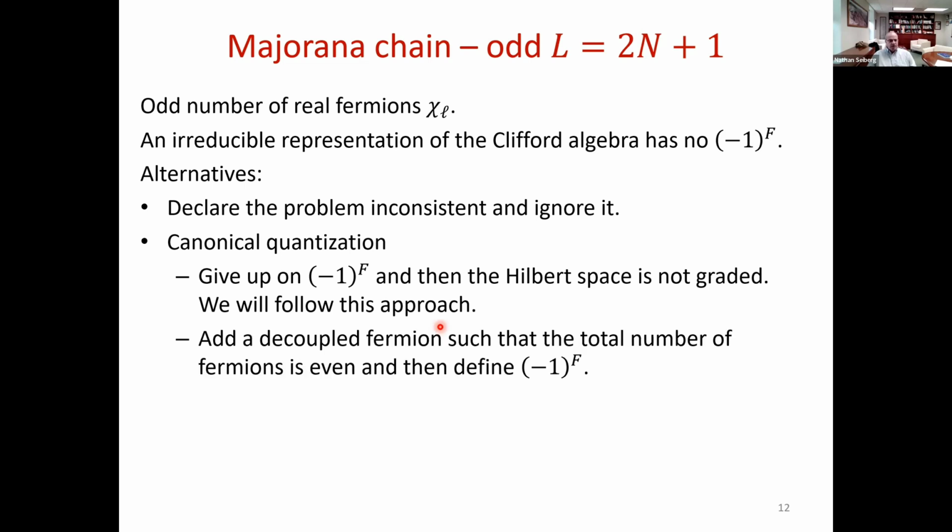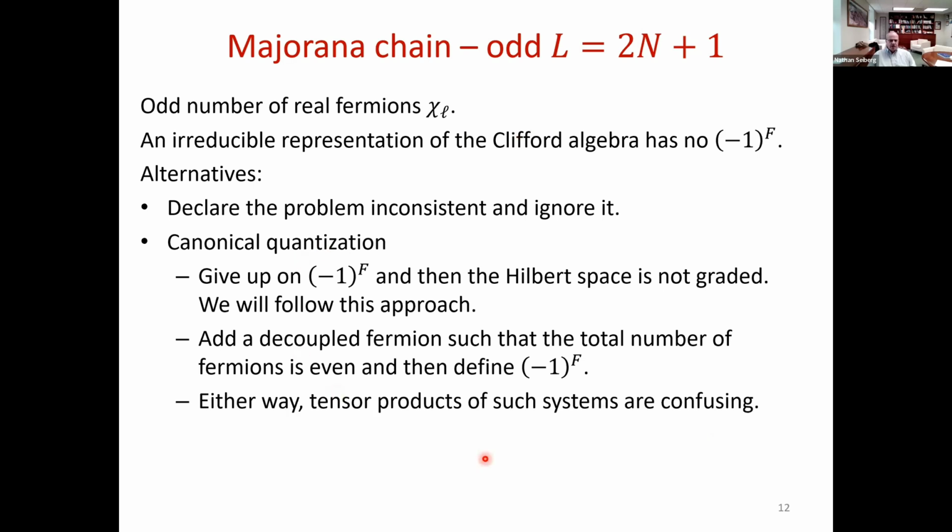Another approach, which is common in the literature, is to add a decoupled fermion that doesn't play any role, except that now the total number of fermions is even, and therefore we can define grading with (-1)^F. Alternatively, we simply take a reducible representation of the Clifford algebra, or two copies of the representations of the Clifford algebra, so that we can define the grading.